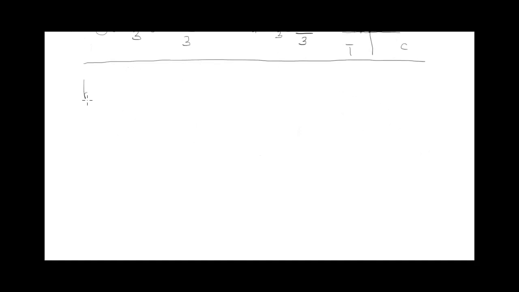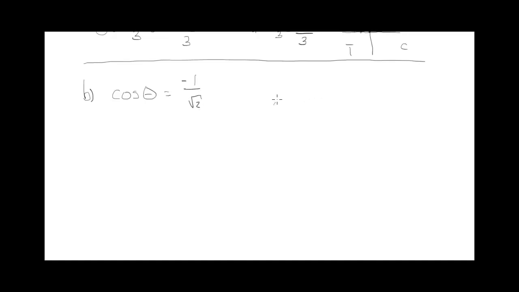Okay, another example would be something like this. Let's say cosine of theta is negative 1 over root 2. Well, negative 1 over root 2 is not a special ratio, but 1 over root 2 is.